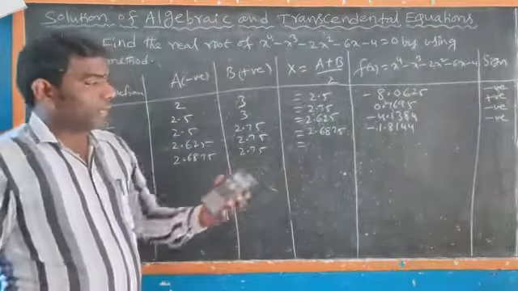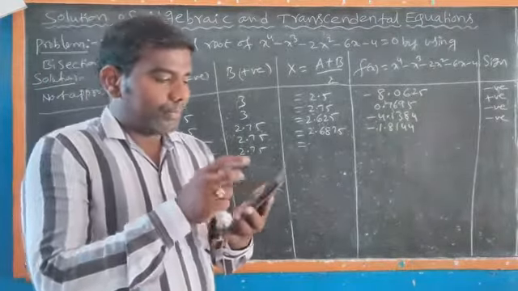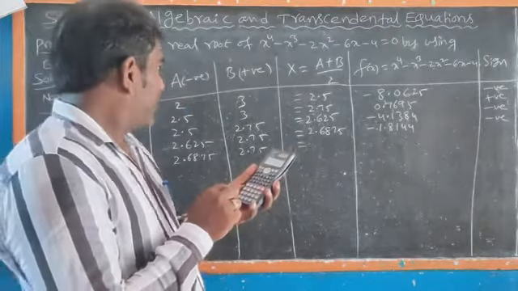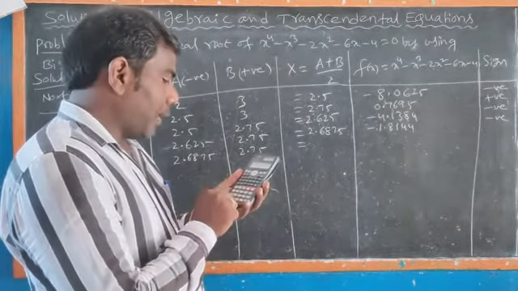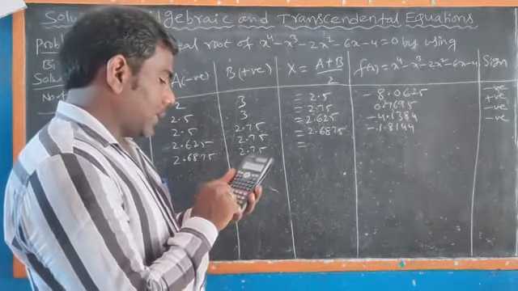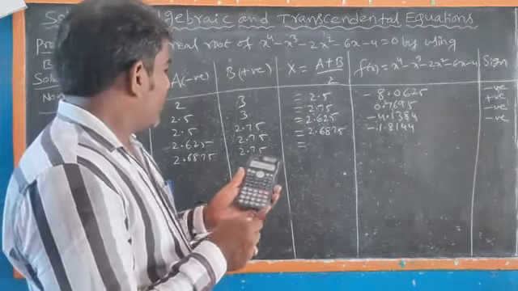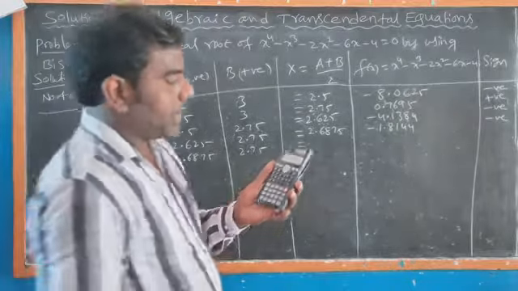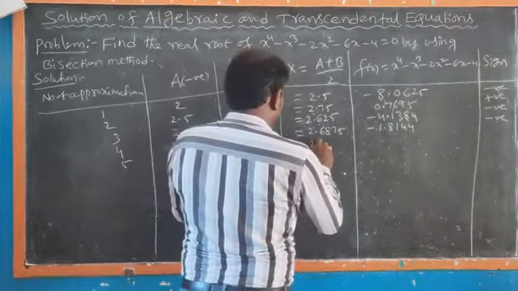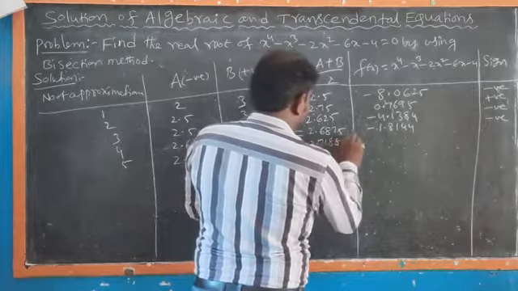Now go back, then calculate the x value. What is the a value? 2.6875, b value same. Then what is the x value? 2.7188.